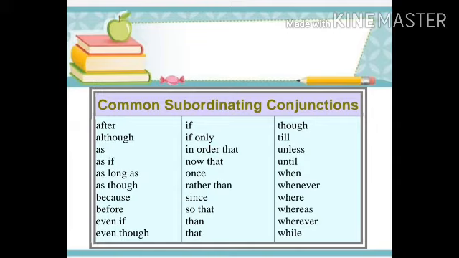For example: after, although, as if, as long as, as though, because, before, even if, even though, if only, in order that, now that, once, rather than, since, so that, than, that, though, till, unless, until, when, whenever, where, whereas, wherever, while.